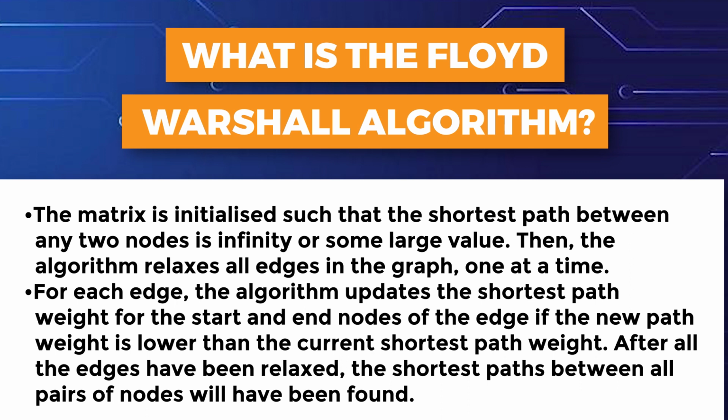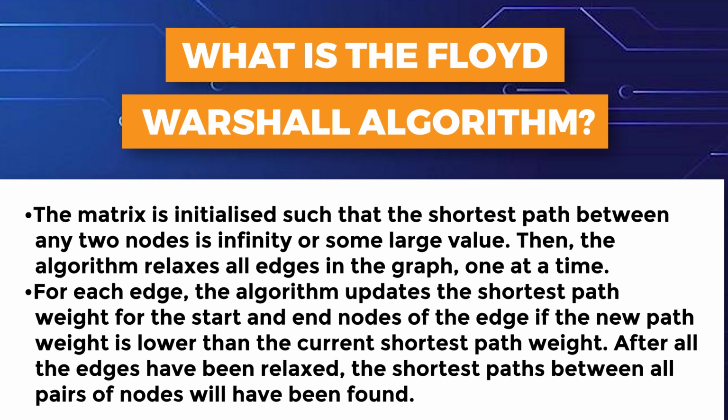Then the algorithm relaxes all edges in the graph one at a time. One by one we consider one vertex, then we replace the maximum weight edges with the smallest weight edges. We can see in the examples how we apply this theory in a practical approach.